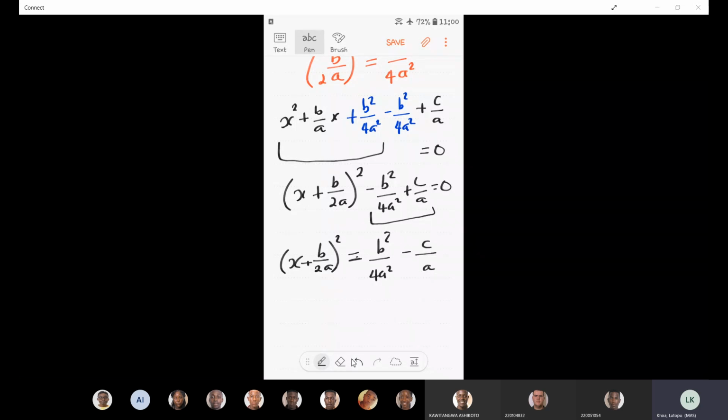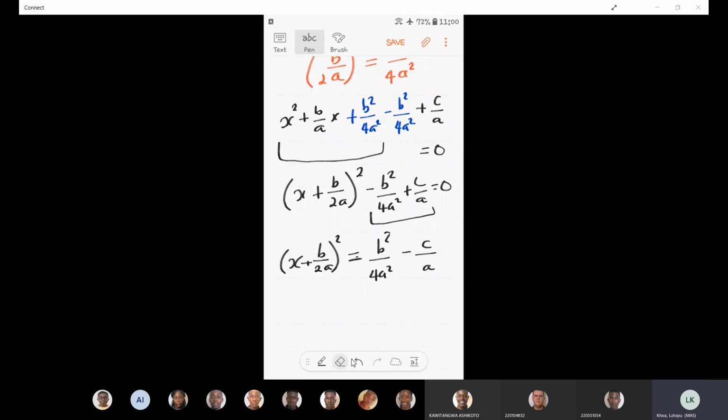Now we know that when we combine fractions, the denominators must be the same, and you must always pick the lowest common multiple for your denominator. So here, this denominator is a, this one is 4a squared. The lowest common multiple of the two denominators is 4a squared. So if I multiply this fraction by 4a over 4a, then I will have two fractions that have the same denominator.